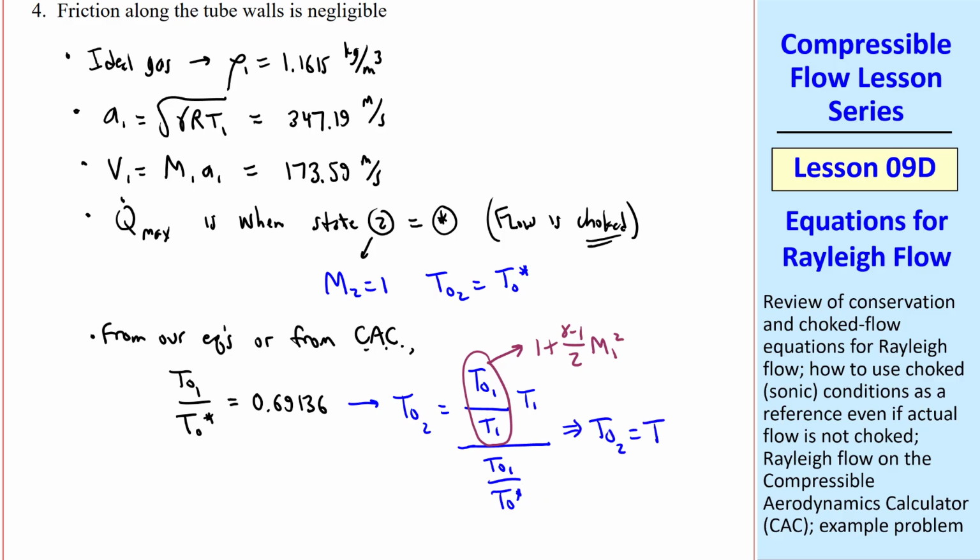So when the flow is choked, T02 is T0 star, which becomes 455.63 K. And from here, T01 can be calculated also.